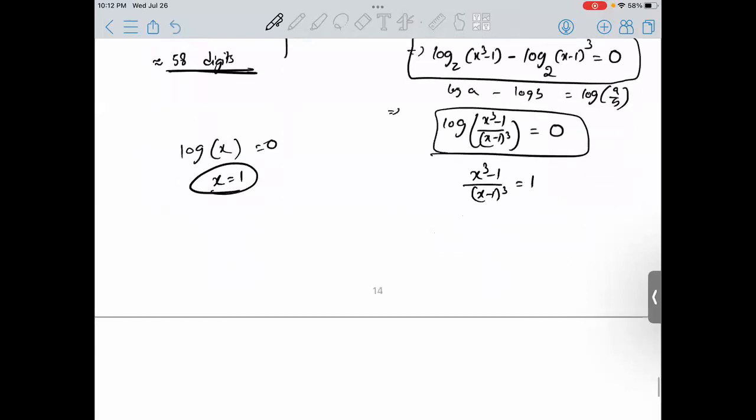Simplify this carefully. x minus 1 into x square plus x plus 1 divided by x minus 1 whole cube. It will become square.